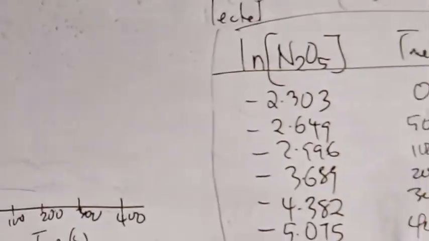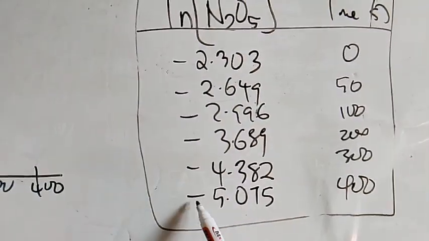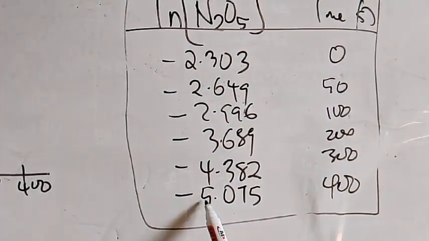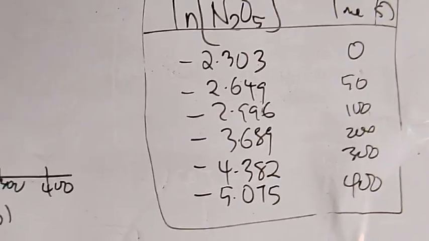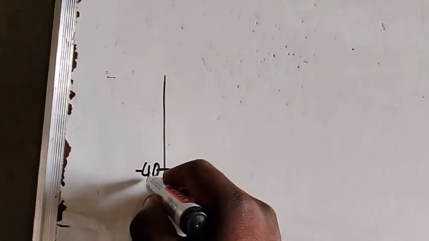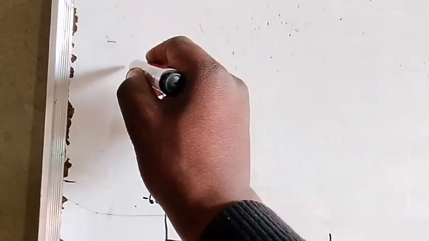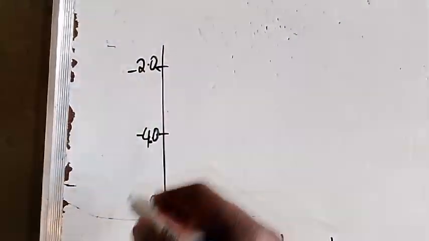Then on the y-axis, we have these numbers, so we can have a scale of -6 up to -2. Okay, you can start with -6, then here we can have -4, then here -2.